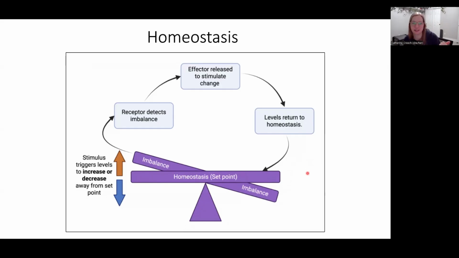So if we pretend this is temperature, you could get too hot or too cold. That would be an example of increasing or decreasing away from our set point. If this is too hot, I would detect that my body is too warm. I would figure out how to change it, and then my body would start to cool off and I would return to homeostasis.